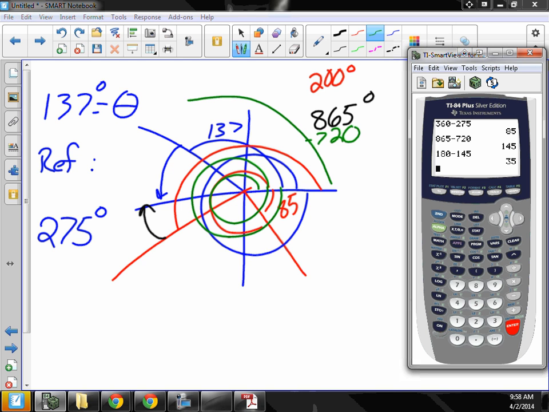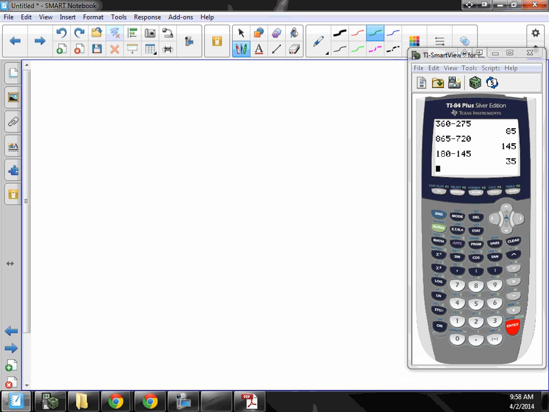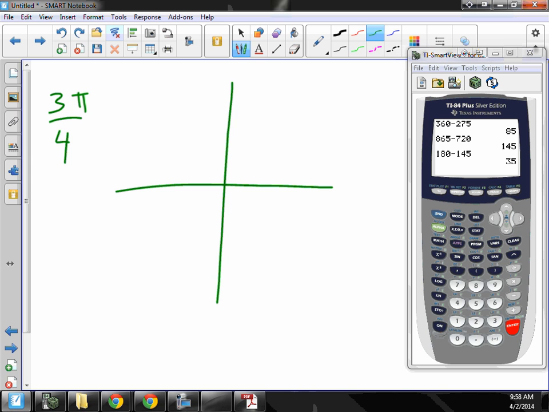Okay, now you think radians might be more difficult, but it's actually a lot easier to deal in radians. 3 pi over 4. Where does that land? Quadrant 2. How come? It's 1 less than 4/4.